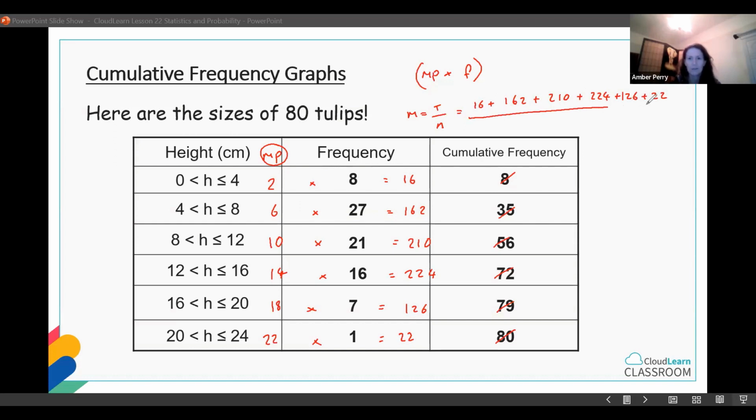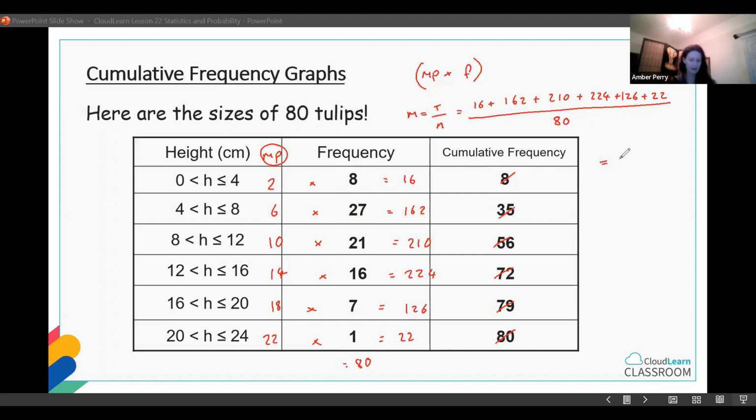And we're going to divide all of that by the number of tulips, which is the frequency added up. We know that is 80 because we did that earlier.